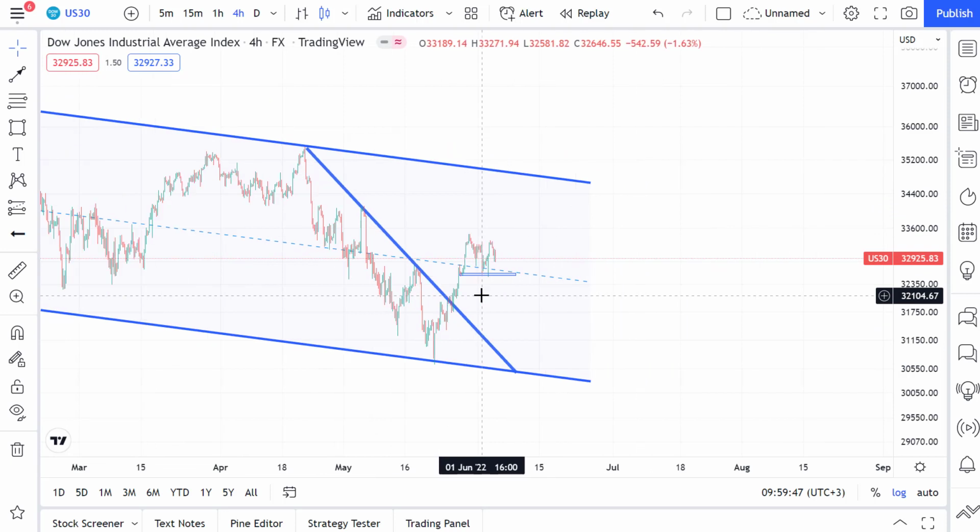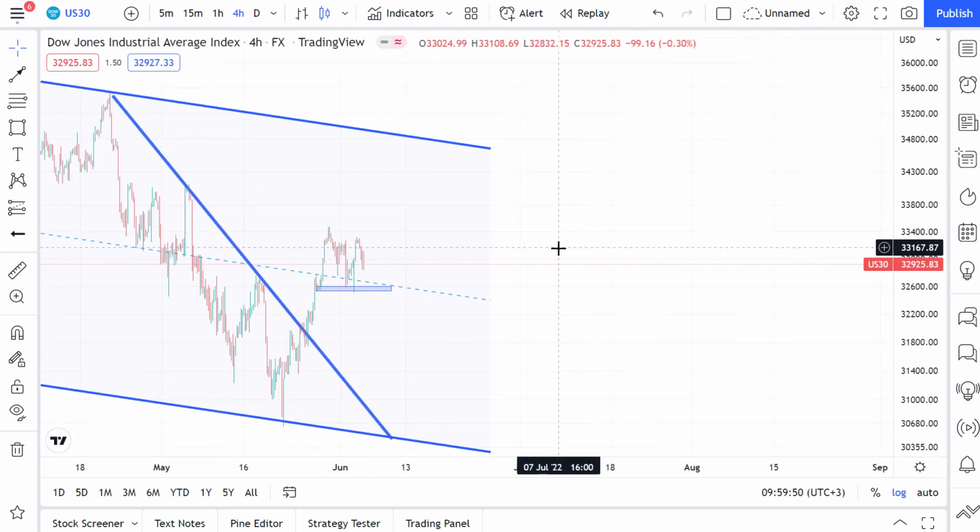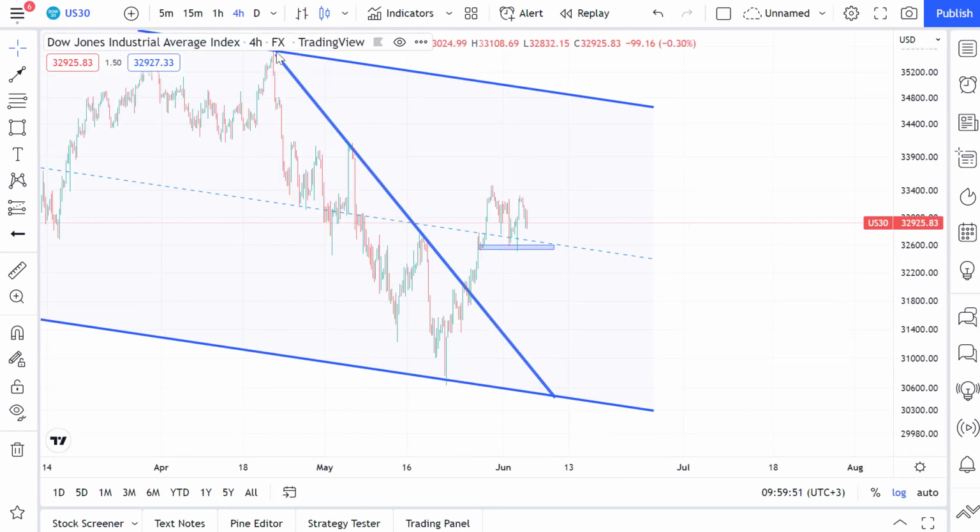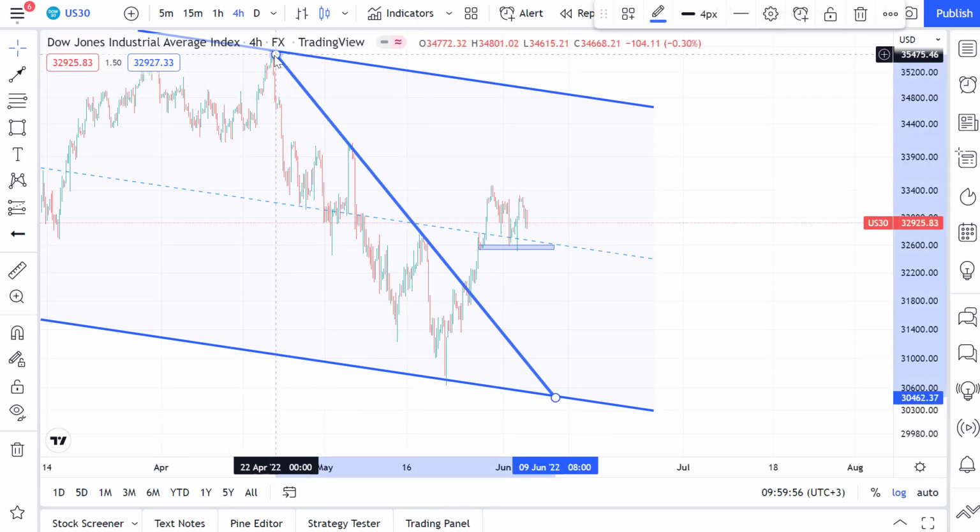But what we had was the breakout of this dynamic resistance from the top of the channel down to the bottom.